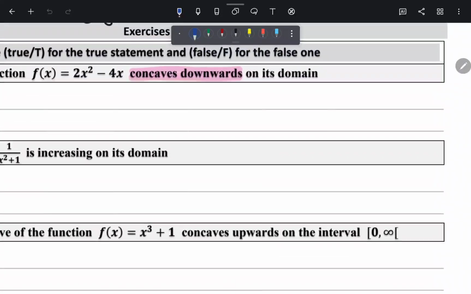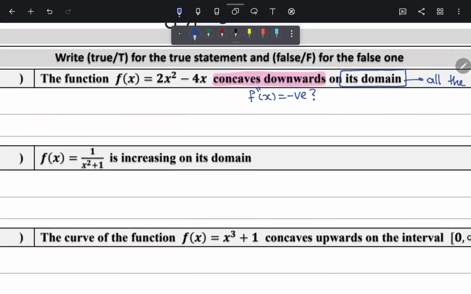So this is what I want to check. He is telling me the second derivative is negative. On its domain means all the time, as we saw before, so the second derivative would have to be negative all the time.